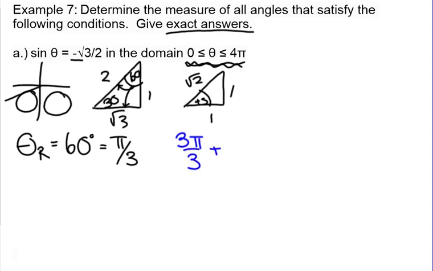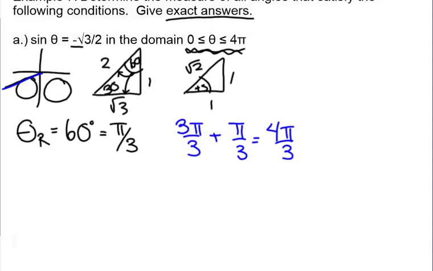So we want to go 3 pi over 3 plus pi over 3, which will be 4 pi over 3. We also want one in quadrant 4. We've got 2 pi, which is 6 pi over 3. We want a pi over 3 less than that, so we'll be at 5 pi over 3.